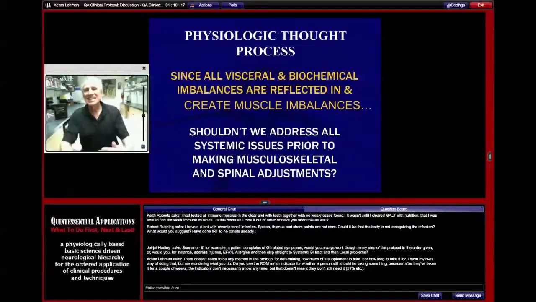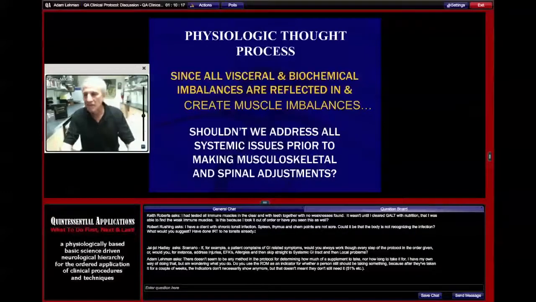And since all visceral and biochemical imbalances are reflected in and create muscle imbalances, yes, you heard me correctly. Since all visceral and biochemical imbalances are reflected in and create muscle imbalances, shouldn't we address all systemic issues prior to making musculoskeletal and spinal adjustments?